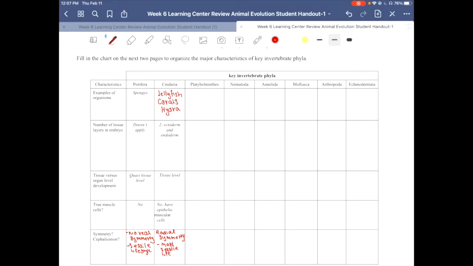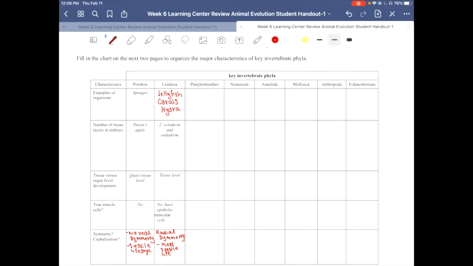Okay, so the next phylum that we're going to be looking at is the Platyhelminthes. Do you guys have examples for what organisms fall under this category? Yes, great job. Flatworms.